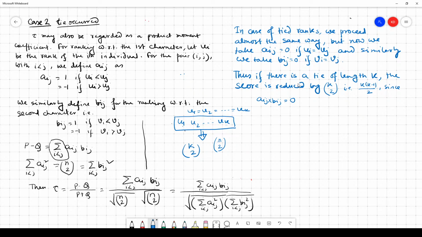So if you look at the total score p minus q, it should not be the summation over i less than j of aij bij, because there is a tie of length k and you reduce this score by k into k minus 1 by 2.